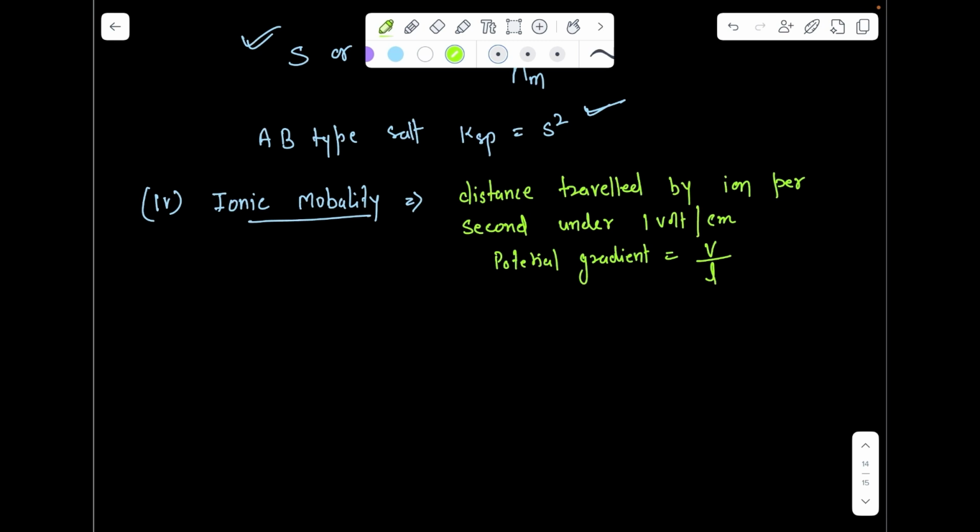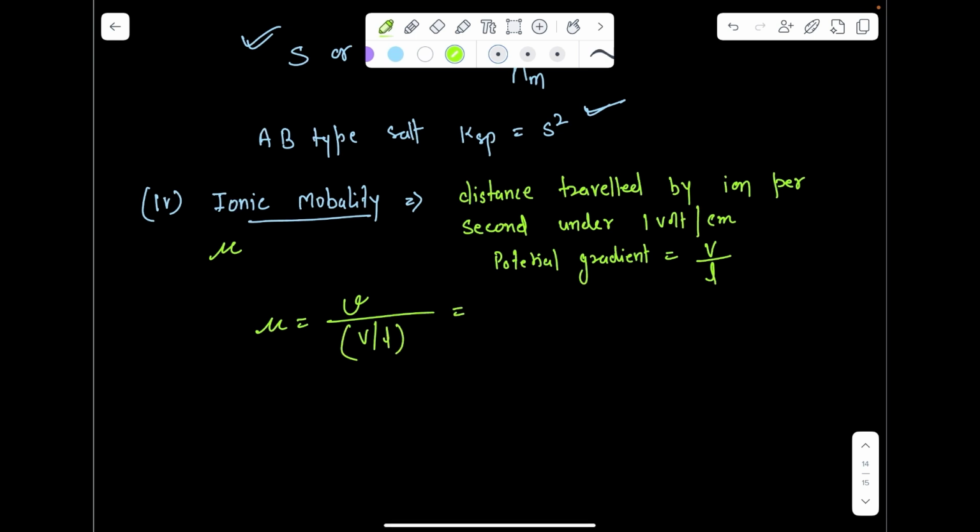Ionic mobility is represented by mu, for cations or anions. At infinite dilution we observe the maximum ionic mobility, or else we can say the speed of the ion at infinite dilution under the potential gradient. So we could write it as the speed of the ion divided by the volt per unit length.